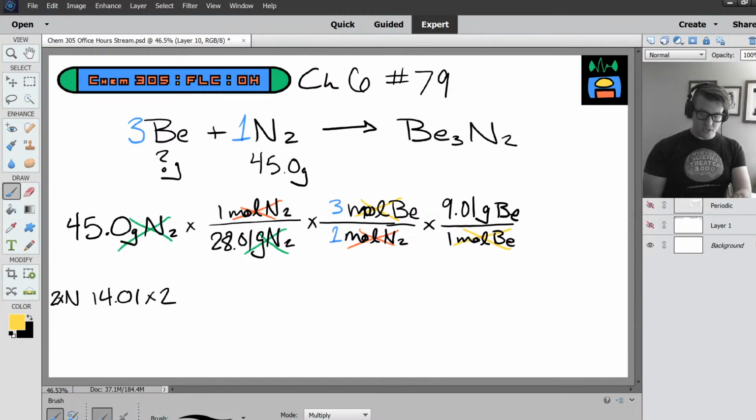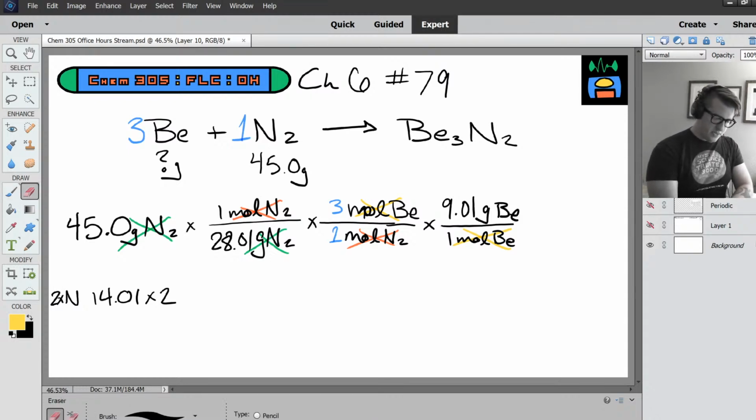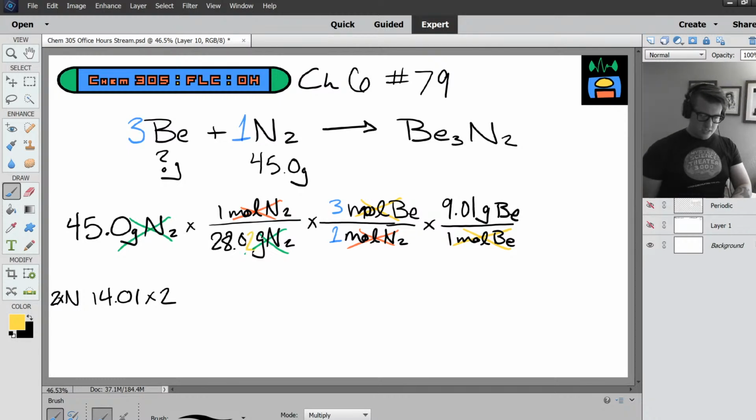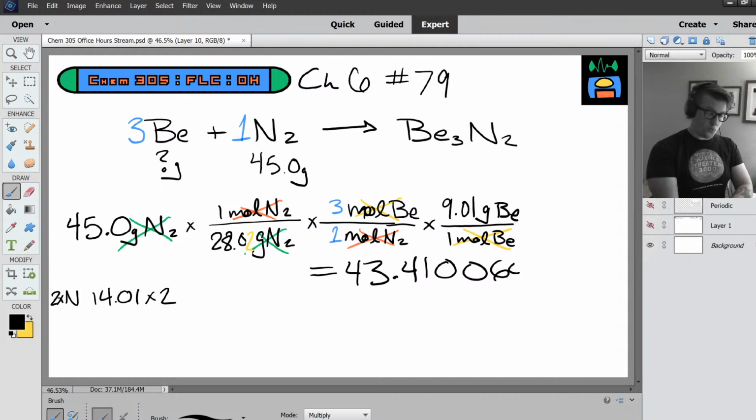Now we can crunch our numbers: 45.0 divided by 28.02. Sorry, I wrote 28.01 here; this should be a 2. There we go. Times 3 times 9.01. My value is 43.410642, I guess.